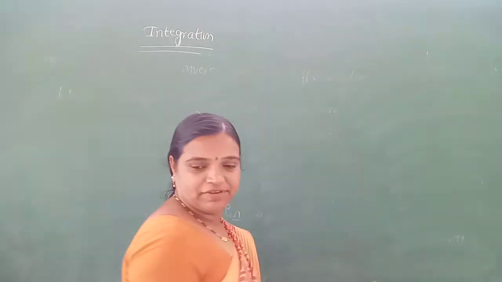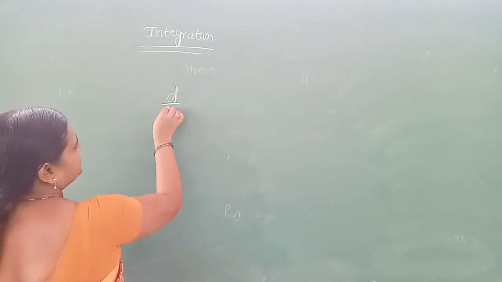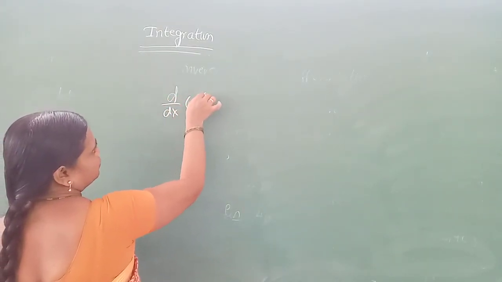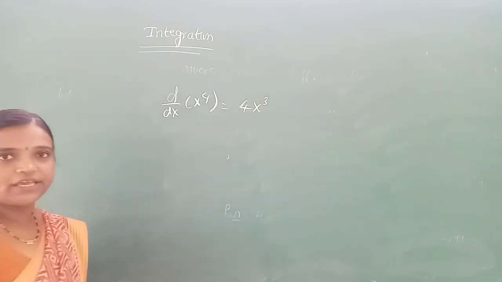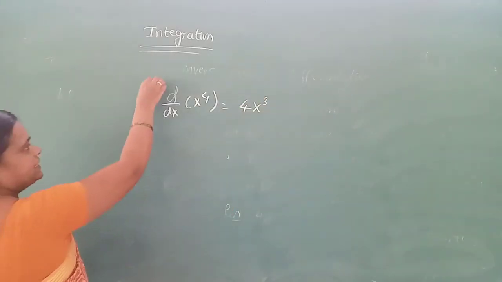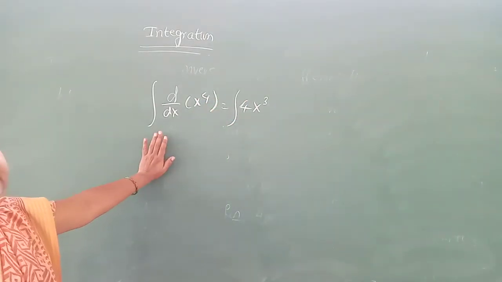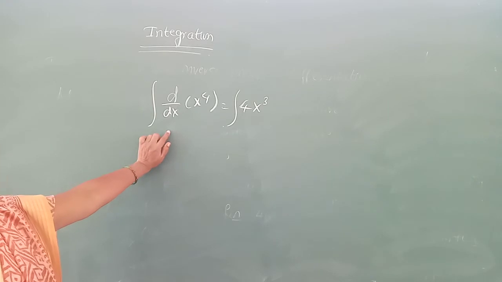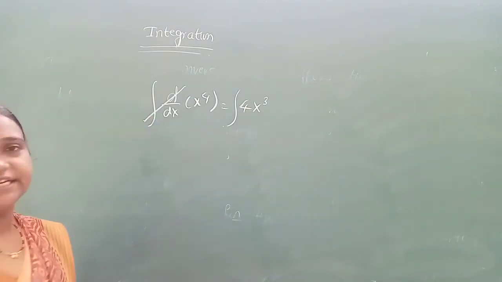With the example, I will give the explanation once again. See, d by dx of x to the power 4, this differentiation is 4x cube. Now apply integration on both sides with respect to x. And what is the definition? Integration is the inverse. If it is a, 1 by a, as I explained, they cancel. Therefore integration and differentiation get cancelled.